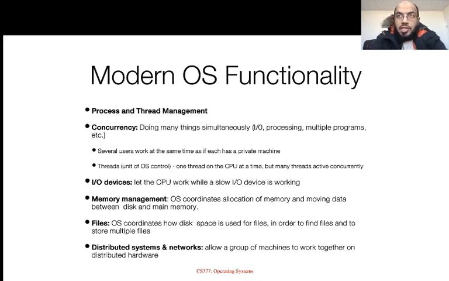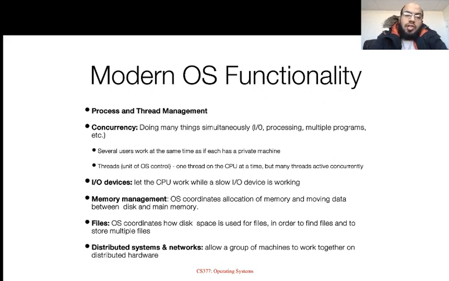So you'll have process and thread management. You will have concurrency support, both for threads and also in terms of multiple things running at the same time. You have I/O, which is basically storage; you're writing things to disk. You have processing, with multiple programs running, and so on.